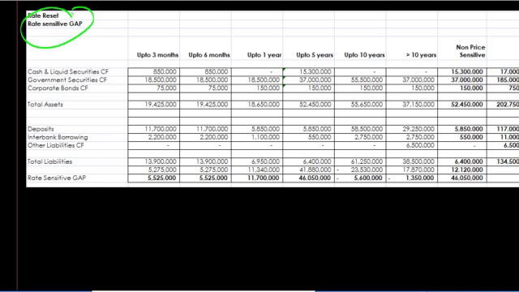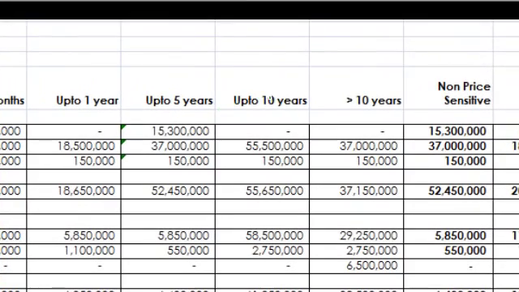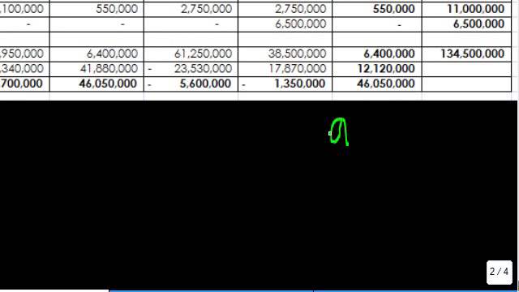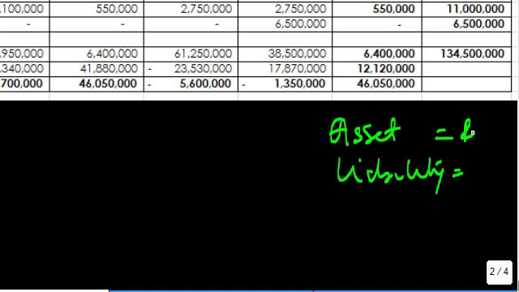And in this gap, in the previous gap, we said, anything that is maturing in 3 months, anything that's maturing in 6 months, anything that's maturing in 1 year, anything that's maturing in 5 years, anything that matures in 10 years, and so on and so forth, right? However, in rate reset gap, we're not so much interested in contractual maturity, but the time at which both the asset and the liability get repriced.